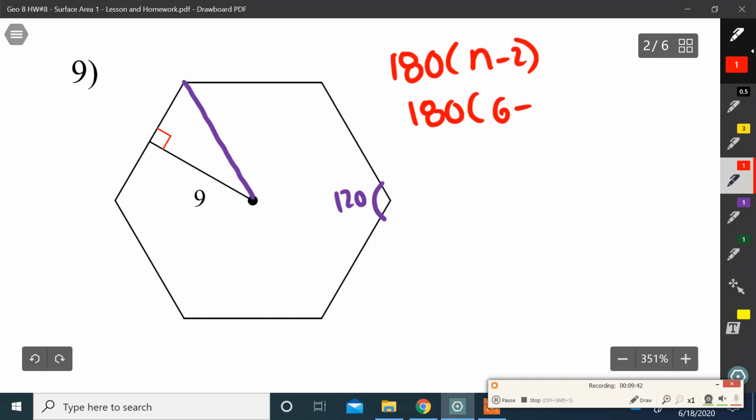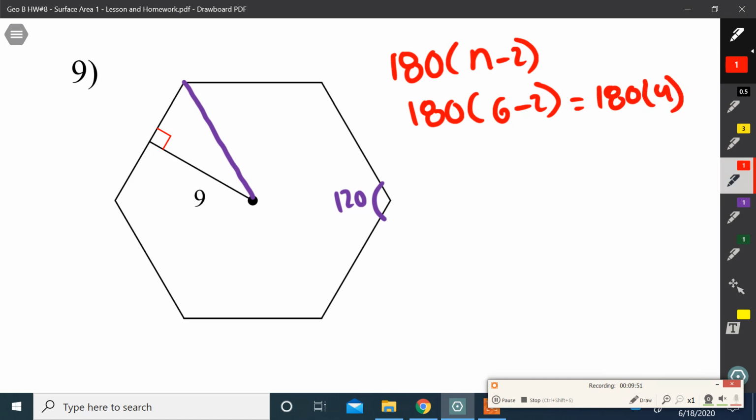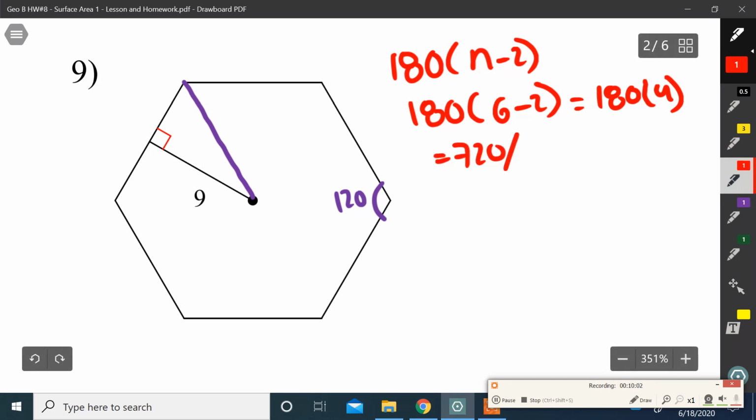So 6 minus 2 gives you 180 times 4, which is 720. And remember that since we have 6 angles, we divide by 6, and that's how you get the 120.